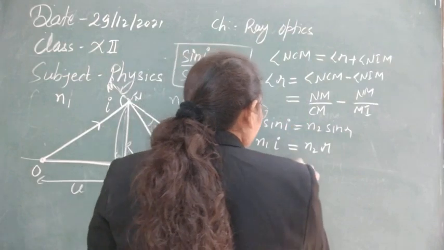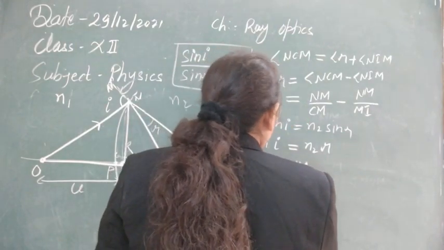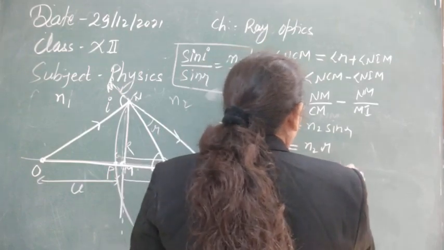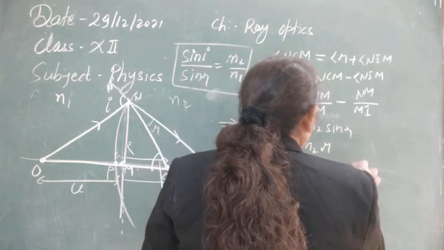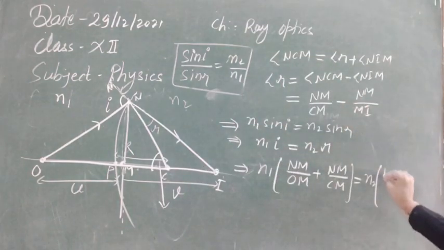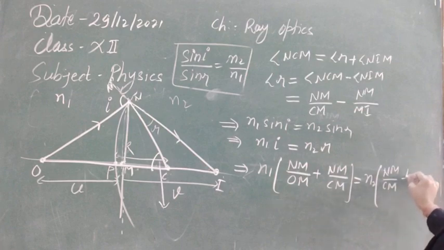I that was equal to Nm upon Om plus Nm upon Cm. Now this angle R is equal to Nm upon Cm minus Nm upon Mi from here.